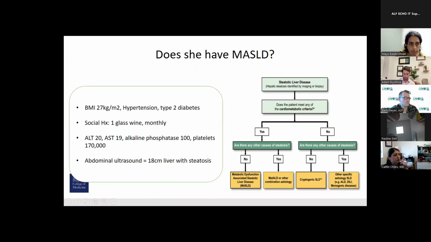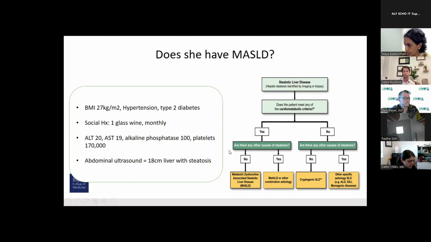So does she have MASLD? Well, we have to go through this algorithm again. She has hepatic steatosis seen on the liver ultrasound. So check, yes, she has steatosis. Next question is, does she meet any of the metabolic syndrome criteria? Yes, in fact, she has 3 of them: hypertension, diabetes, and a high body mass index.